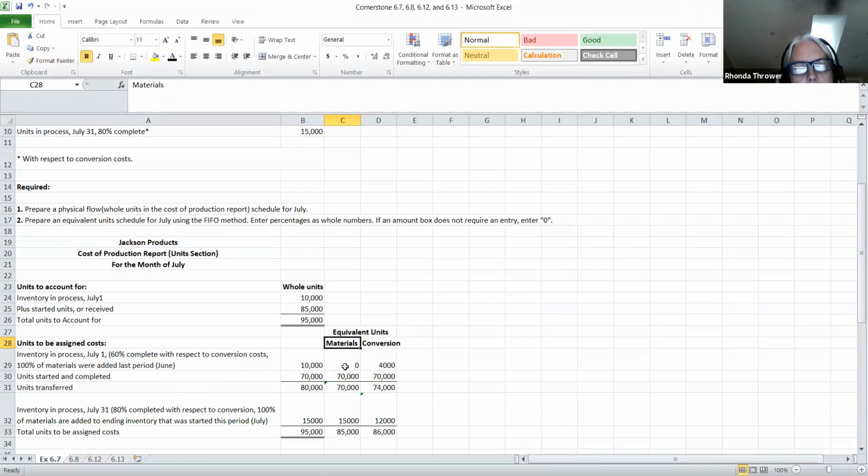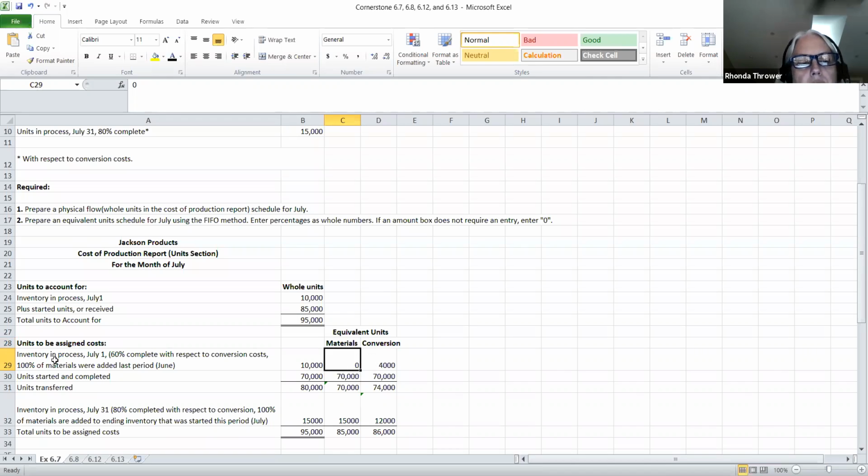So right here where I've got a 0 for our materials equivalent units, we're not going to add any materials to our beginning inventory because they were started last period. And since all the materials are added at the beginning of the process, all the materials were added last period. There would be no more materials that we have to add to our beginning inventory.